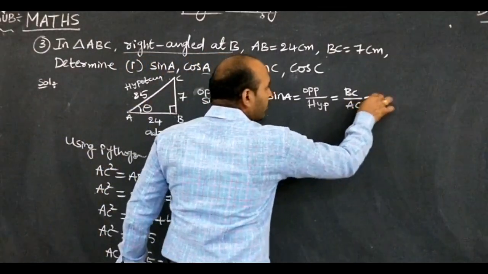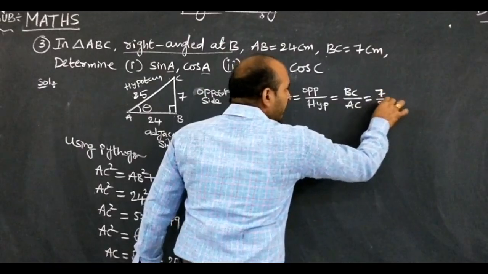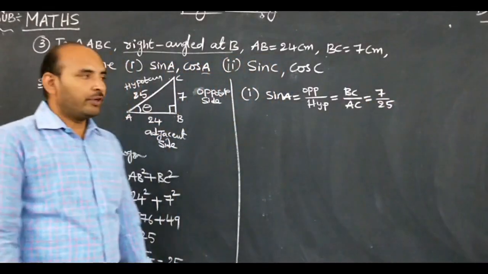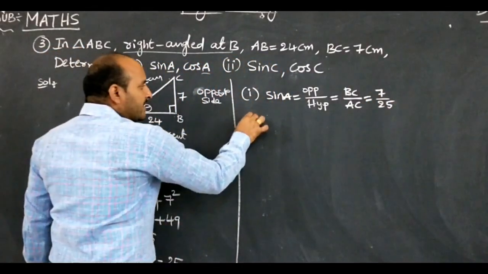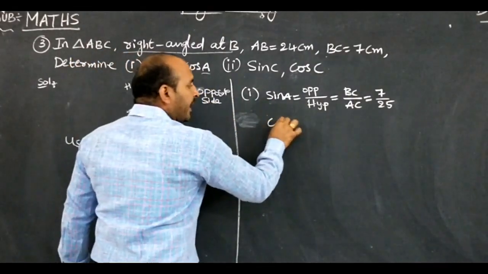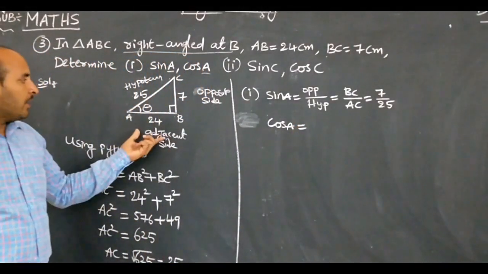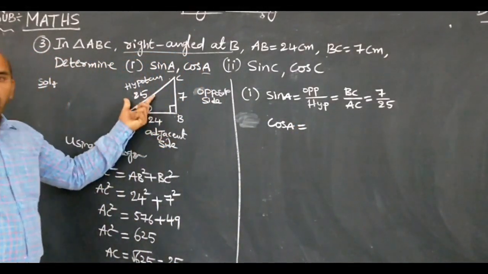So BC value 7 upon AC side value 25. Sin A is completed. Next, cos A. The cos A formula is adjacent side divided by hypotenuse.